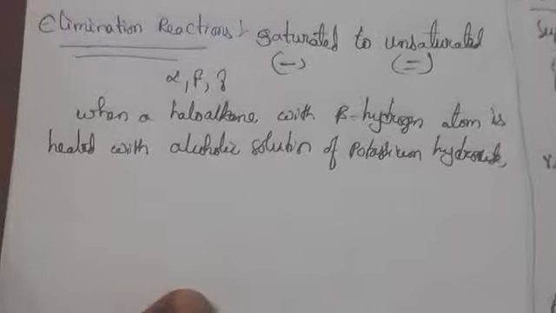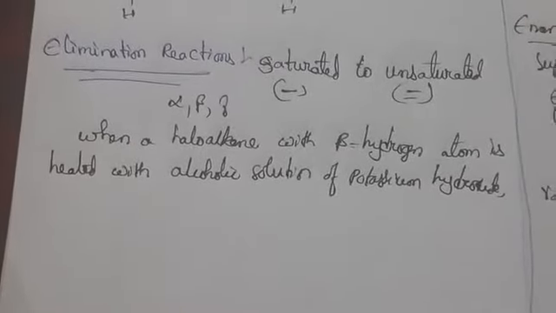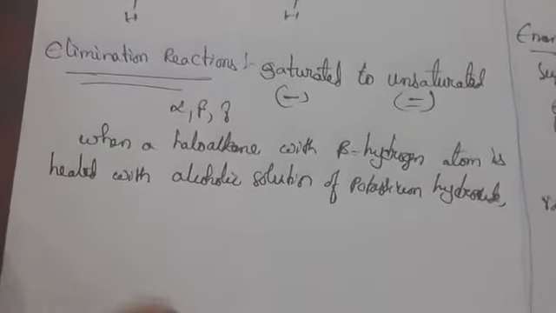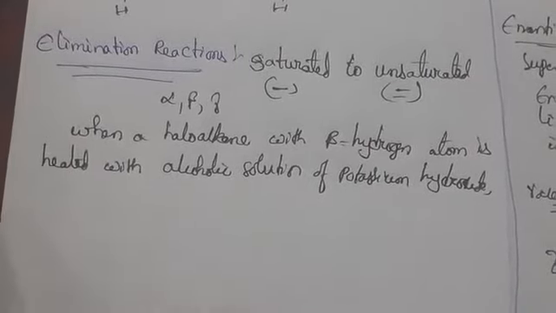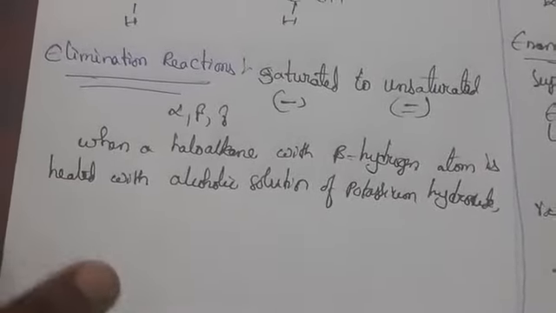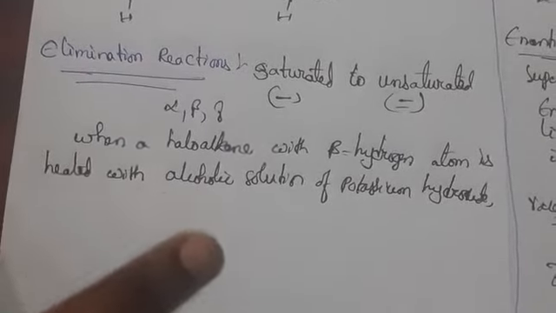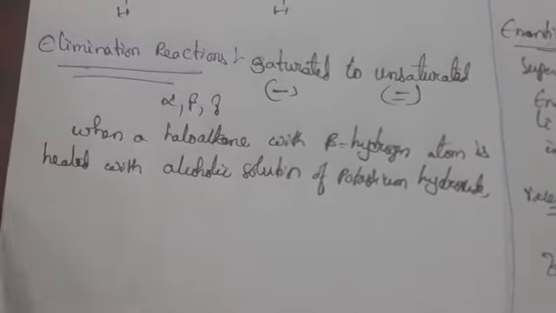There will be elimination of a hydrogen atom from the beta carbon and a halogen atom from the alpha carbon, and an alkene will be formed as the product. That we call beta elimination.